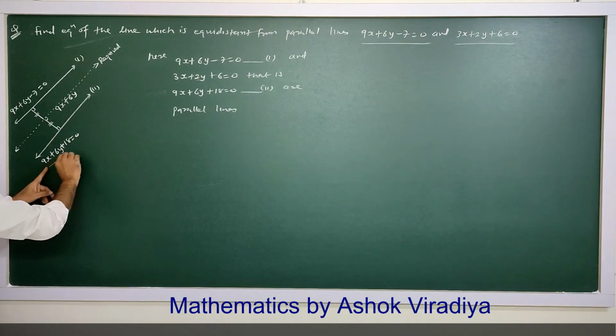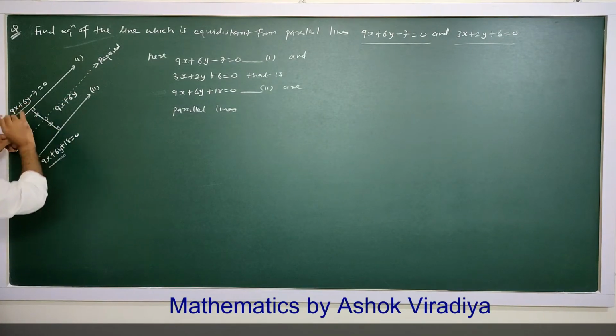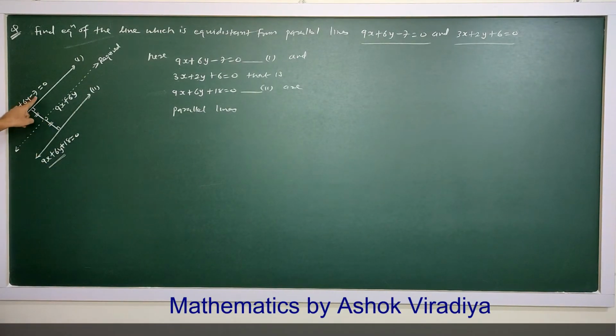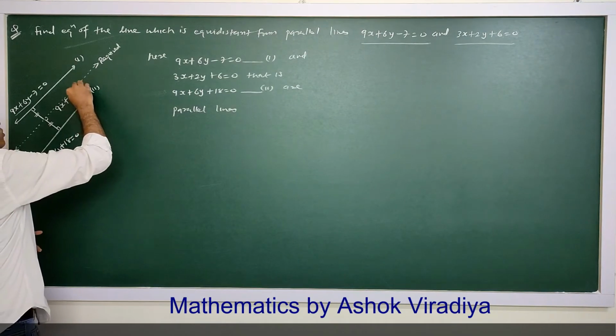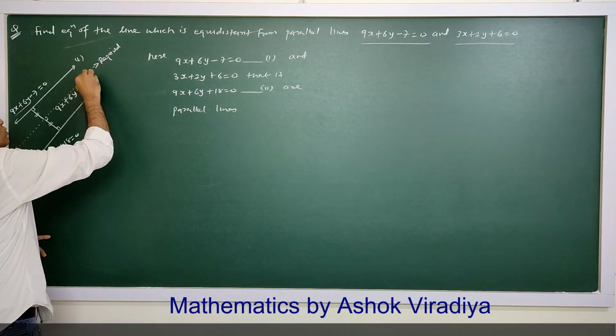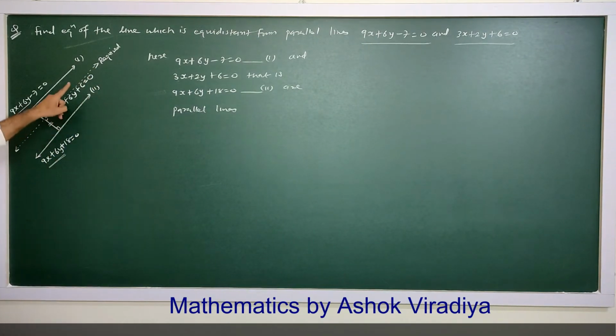See, the coefficients of x and y remain the same: 9x plus 6y. Only the constant will differ. Here the constant is minus 7, here the constant is plus 18. So suppose I take the constant as c, which is different from minus 7 and 18.